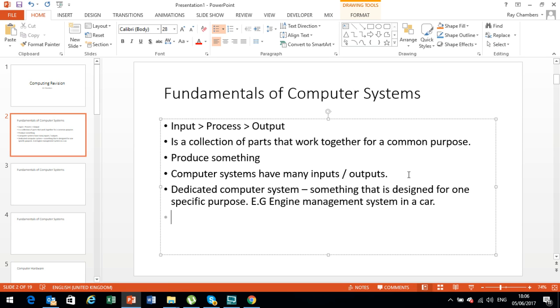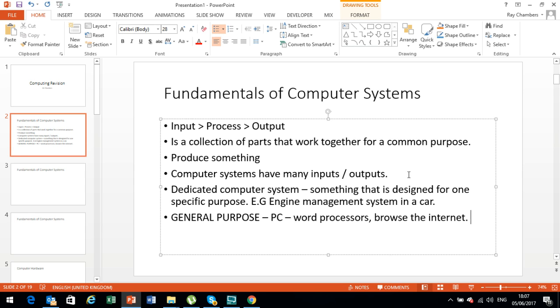But then you've also got general purpose, which are computer systems such as a PC. They are made to run word processors, browse the internet, and so on.